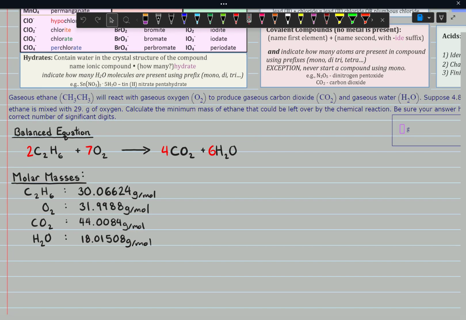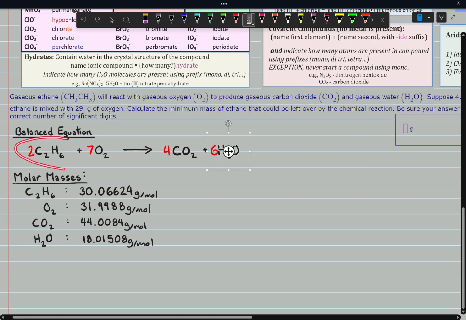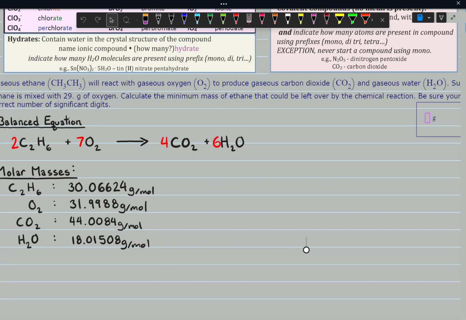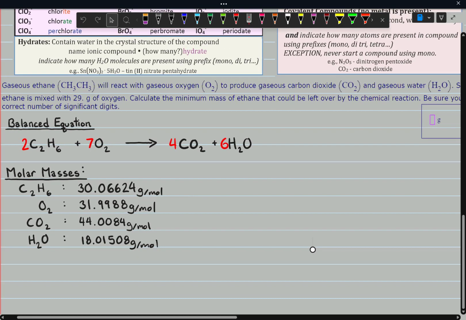So I've already gone ahead and written the balanced equation and found the molar masses of everything in this problem. If you had this problem on ALEKS, that would be the first thing that you would do. You'd write a balanced equation and find your molar masses.